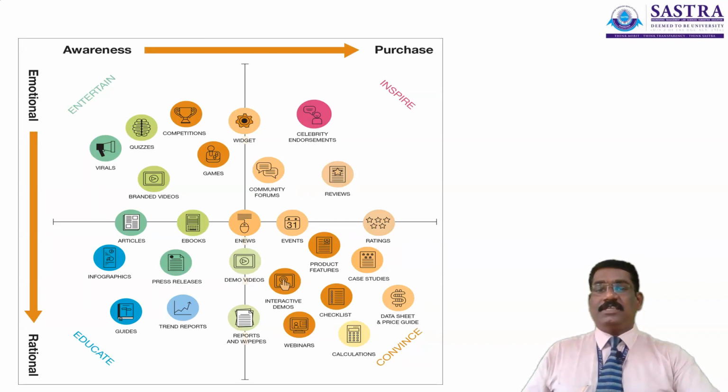So if you look at this, whenever you design content, these are the elements of content planning and content ingredients, I can say. The parameter taken here is emotional to rational level, awareness to purchase level. So I was talking about entertain, inspire, educate and convince. When you entertain, you make them viral, give them quizzes, competition games, some kind of branded video.